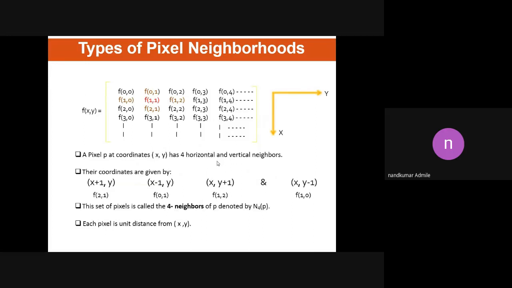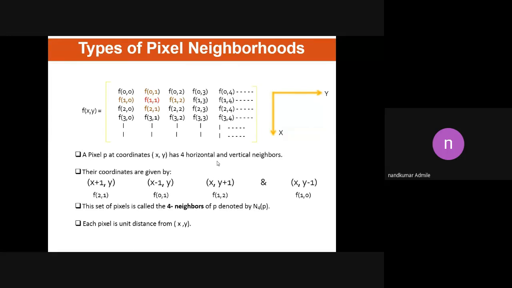Next is the types of pixel neighborhoods. If we represent the image in a digital format, the image consists of a number of rows and columns, right? Does an image have only one row or only one column? If the image size is 256 into 256, it has 256 rows and 256 columns.